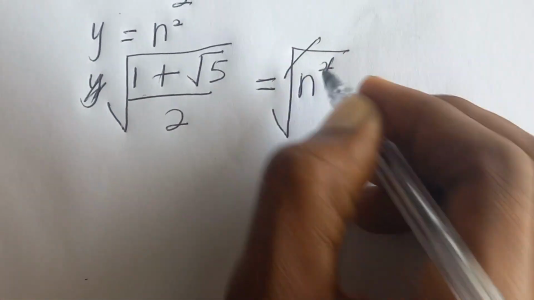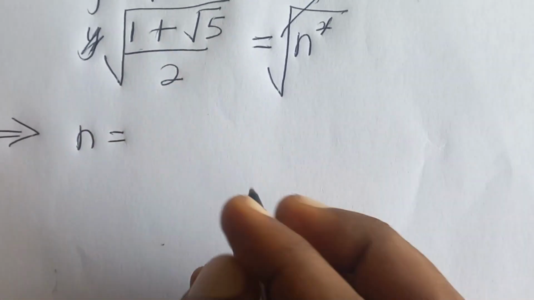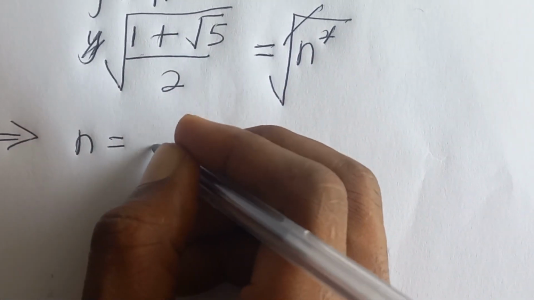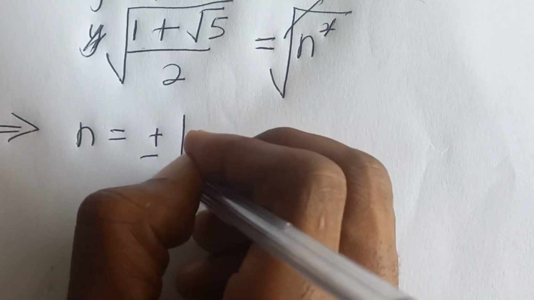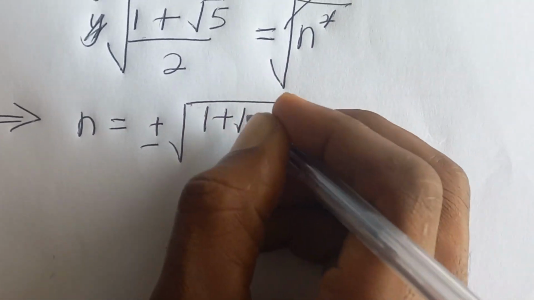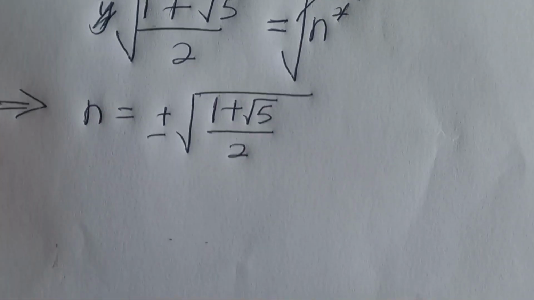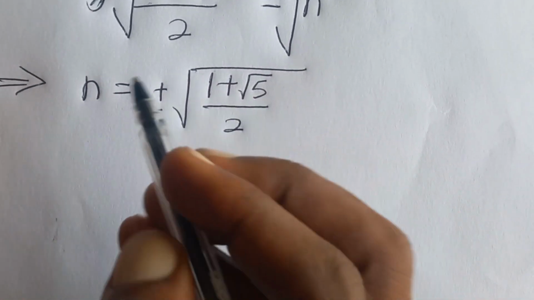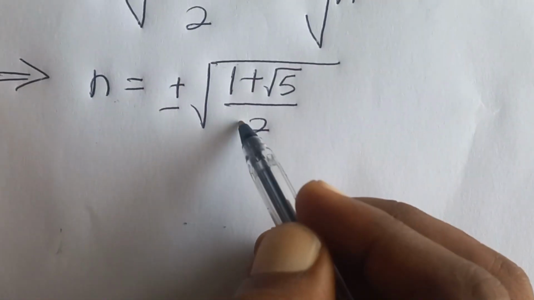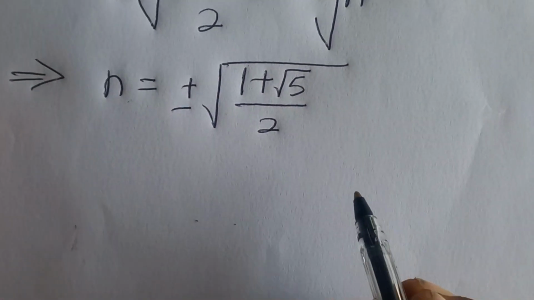With this one, we'll cancel this. So now we are going to get n is equal to plus or minus square root of 1 plus square root of 5 all on 2. Now, as we said earlier, n can never be negative, so we focus on the positive side of the case.